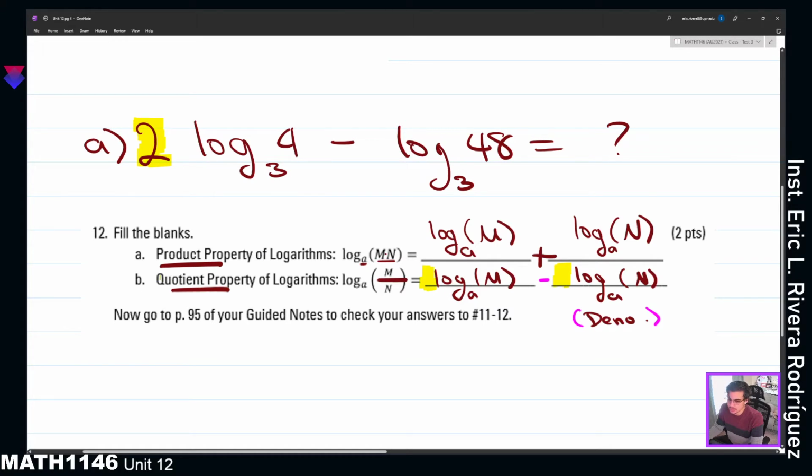So if you want to use the quotient property here, because there's a subtraction and we have a common base for the two logarithmic functions, then we need to find a way to modify this so the first term is not being multiplied by 2.